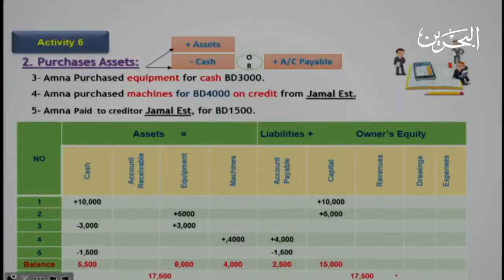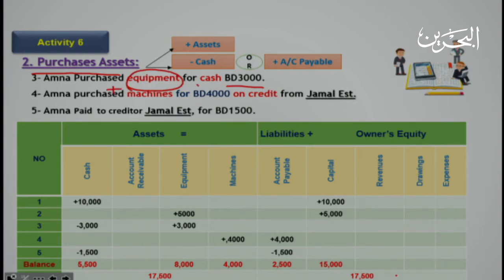Moving to the next activity, the effect will be on the purchase of assets. Let us take an example in the transaction we have. Amna purchased equipment for cash for 3,000. Let us check the keyword in our transaction: purchase equipment. So the equipment in our company will increase.